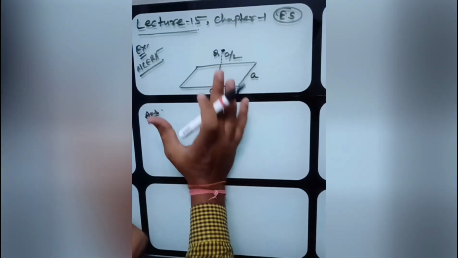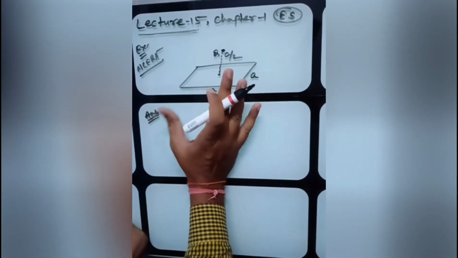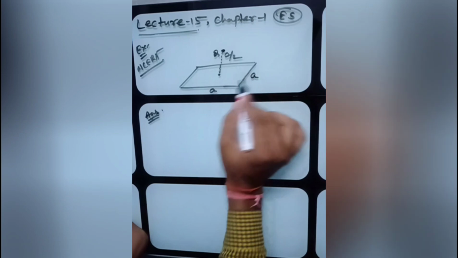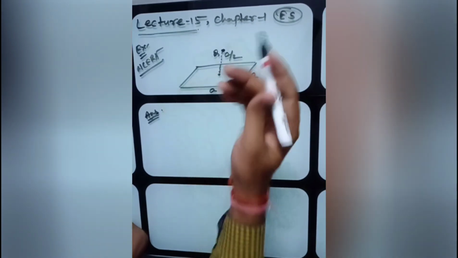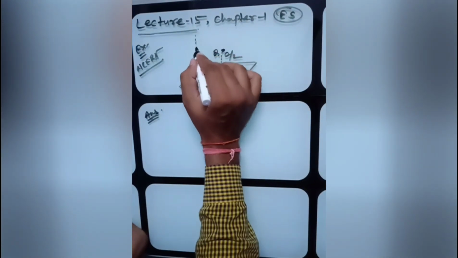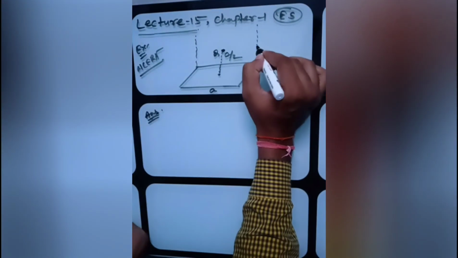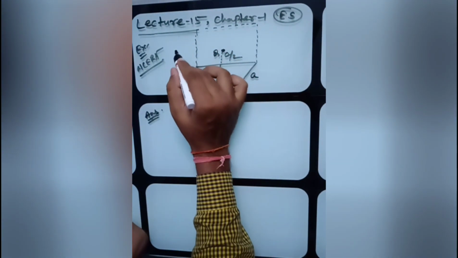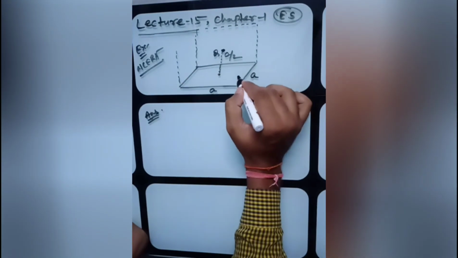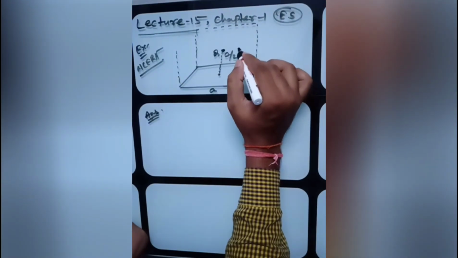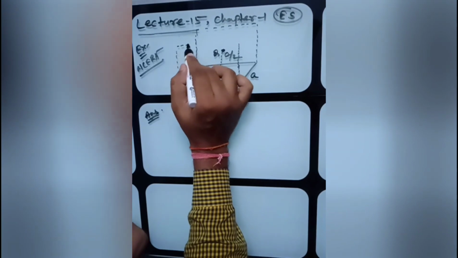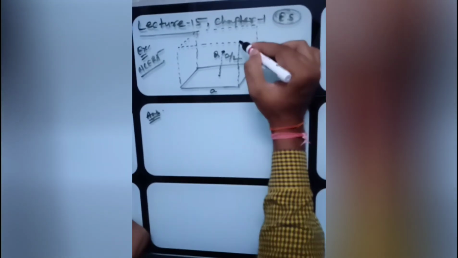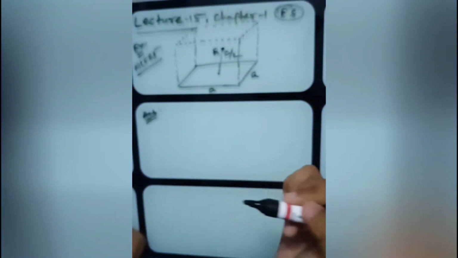Actually 6 plates, and it now becomes a cube. One plate you have been given, but you have to construct 6 new plates to enclose this charge. Okay, and this way I have enclosed this charge.